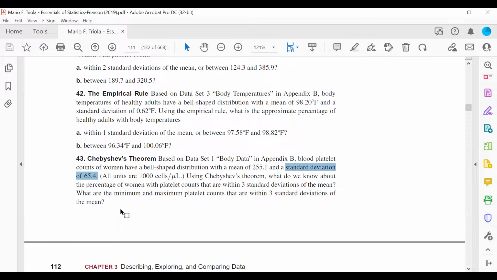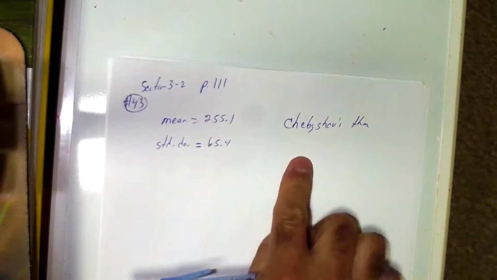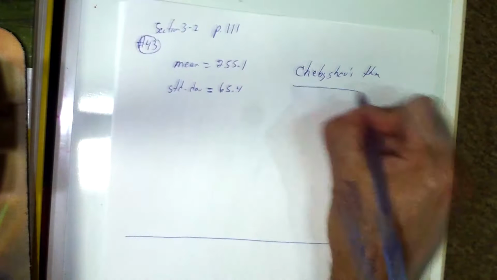Right, so they're giving you the mean, they're giving you the standard deviation, and they're asking you to apply Cheby's theorem. Okay, so we're applying Cheby's theorem. It didn't say bell shape. It said Cheby. All right, so I'm gonna draw my curves.